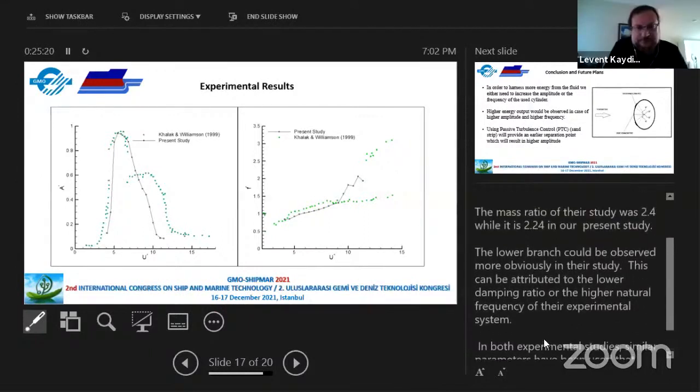If you can support the cylinder in a good way, you can just match the amplitude. But if you let the flow go through the tips, if you lose the flow, then the amplitude might be smaller. And also the differences in mass ratio play a significant role here.